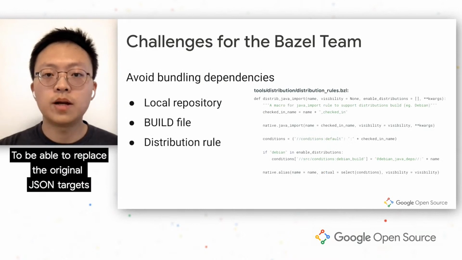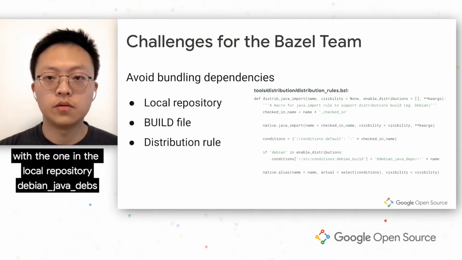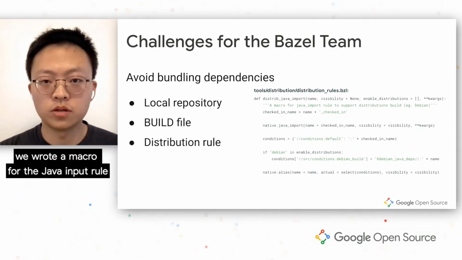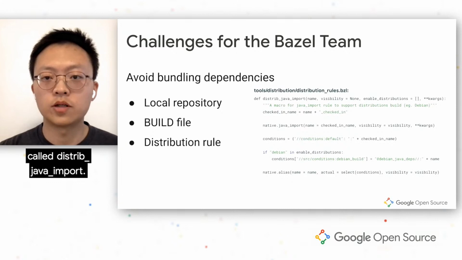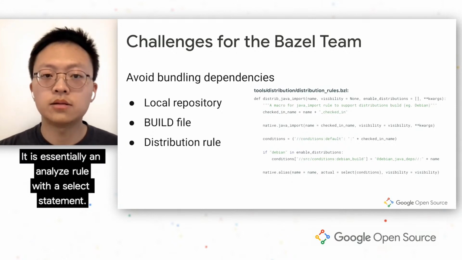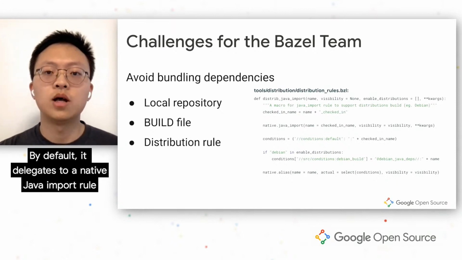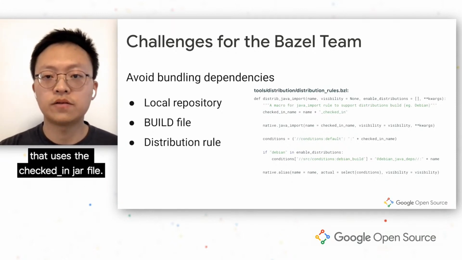To be able to replace the original JSON target with the one in the local repository Debian Java Deps, we wrote a macro for the Java import rule called distrib Java import. It is essentially an alias rule with a select statement. By default, it delegates to a native Java import rule that uses the checked-in jar file.